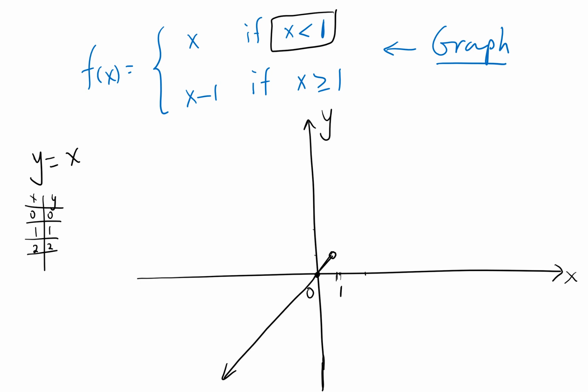For the second line, y equals x minus 1. Similar way, you can pick x values 0, 1, 2. When x is 0, y is negative 1. When x is 1, y is 0. When x is 2, y is 1. I'm going to graph it with a different color: 0, negative 1, 1, 0, 2, 1.